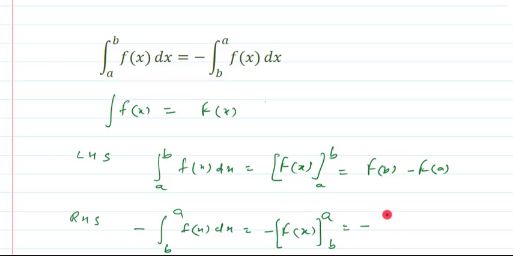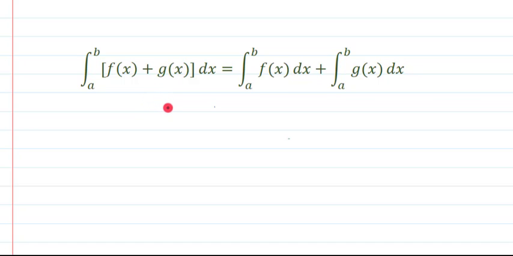Now the negative of this, using the upper limit, is minus F(a) plus F(b). So if we take this minus sign inside, again we get F(b) minus F(a). Therefore both the results are the same. So the property says that if we interchange the limits, then a negative sign will be there in front of the whole integral.